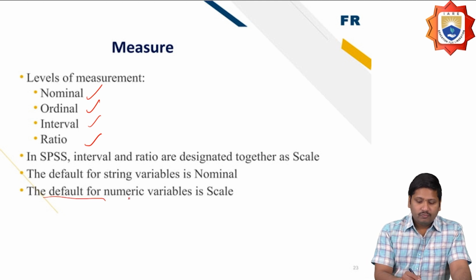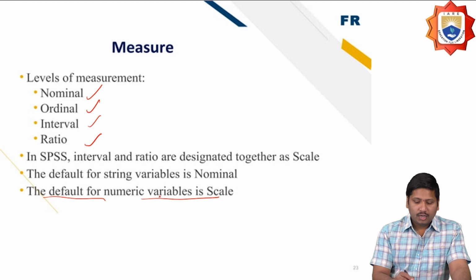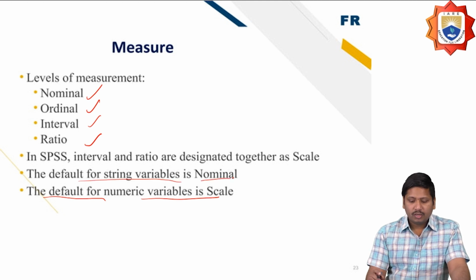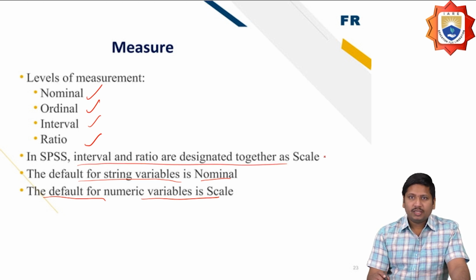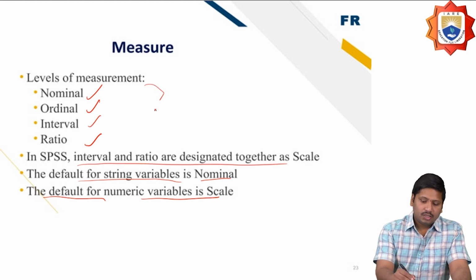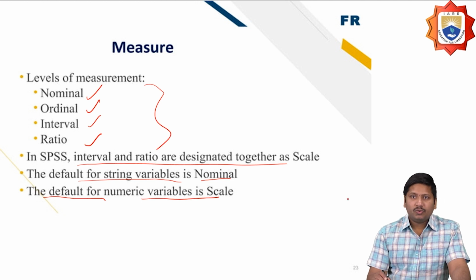So the default value for a numerical variable is scale, and the default for a string variable is nominal. I covered these things in a previous video about the various levels of measurement like nominal, ordinal, interval, and ratio scale. Right?